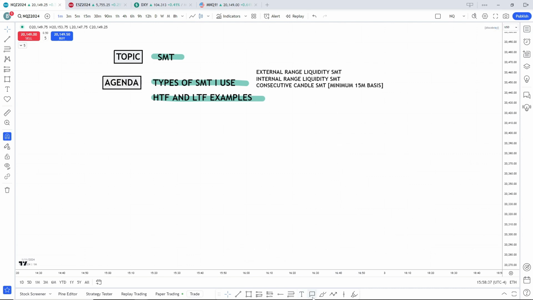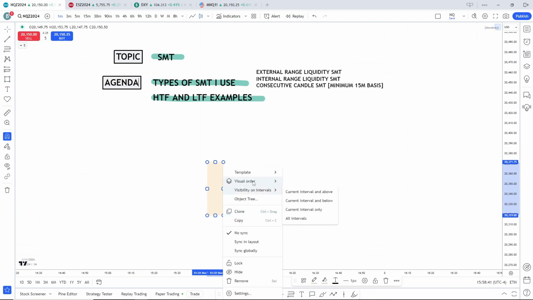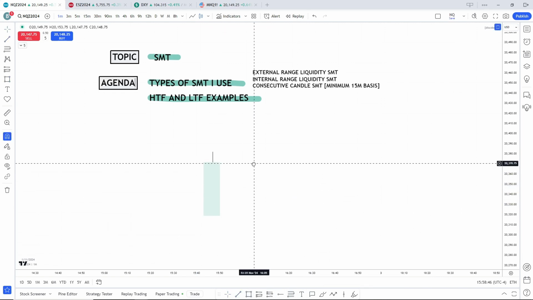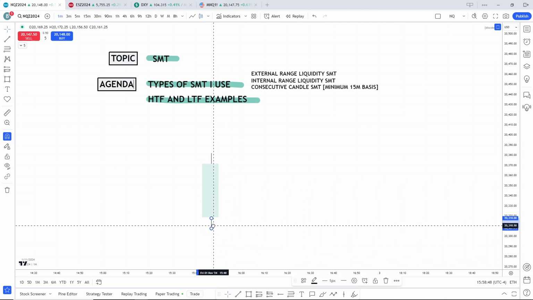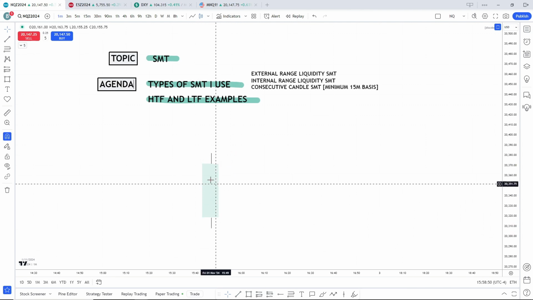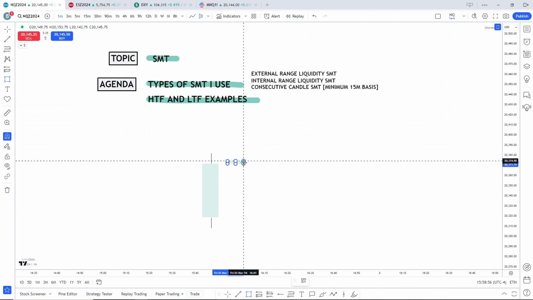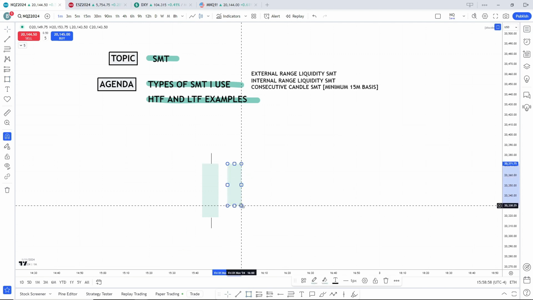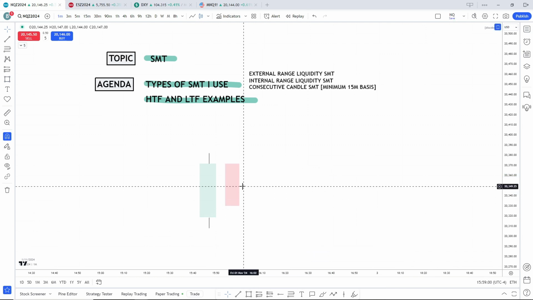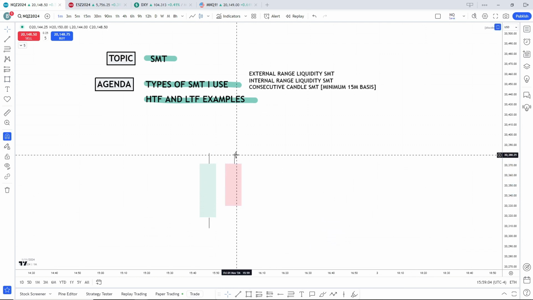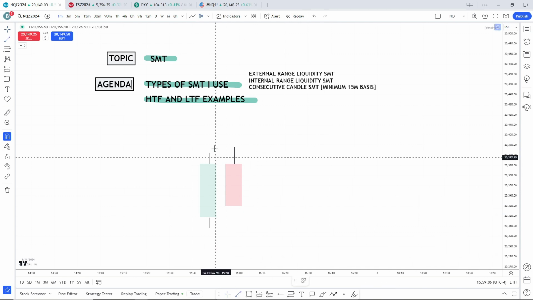So what that means is, let's say we have the 9 a.m. candle, and then we have the 10 a.m. candle, and it flips bearish. This is NQ.